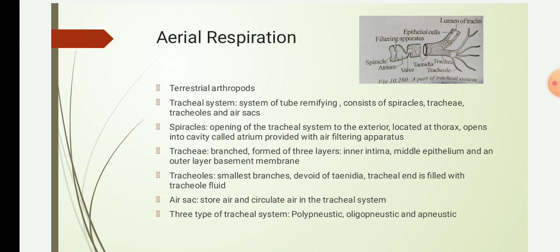In most insects, the spiracles open into a cavity called the atrium, and from this atrium the trachea arises. This atrium is provided with an air filtering apparatus. What will be the function of this air filtering apparatus?